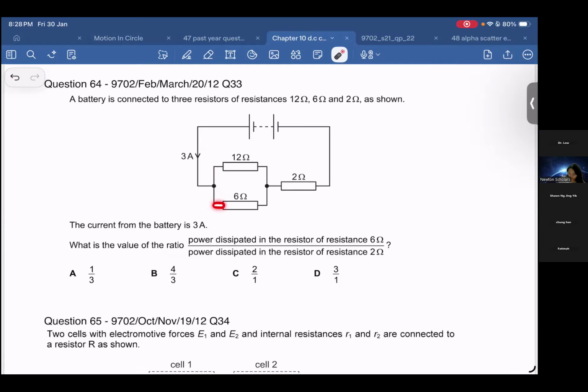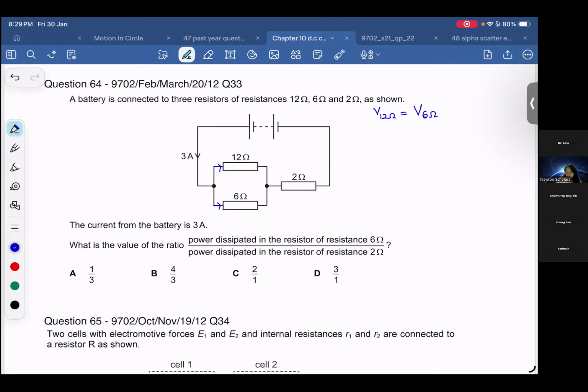My first question is, what is the current flowing through the 6 ohm? What is the current flowing through the 12 ohm? That is the thing you have to solve first. Voltage for 12 ohm must equal the voltage of 6 ohm, am I right?